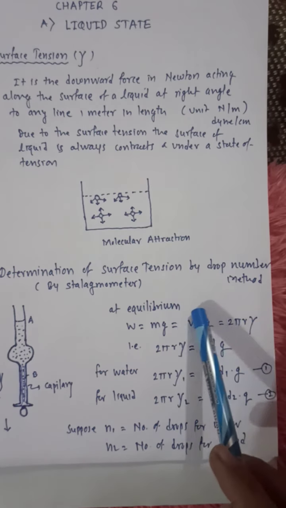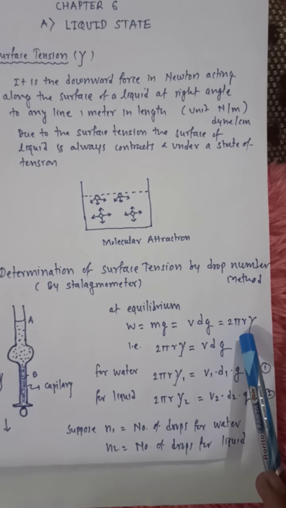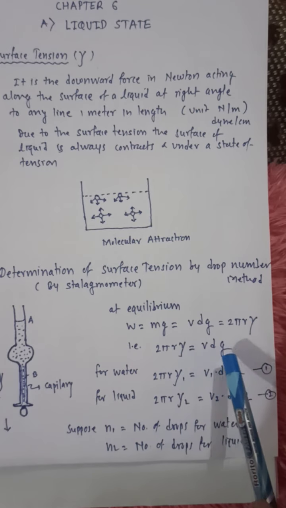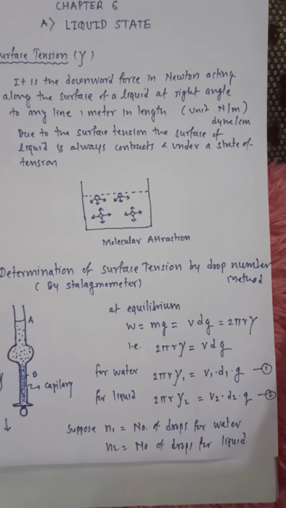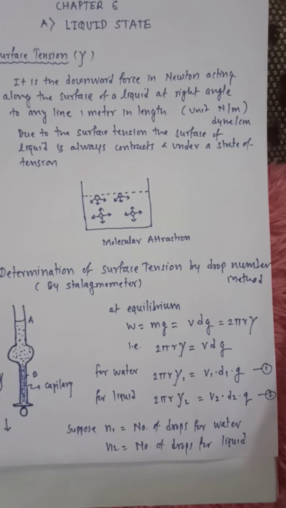So we are interested in this equation: 2 pi r gamma, the term of surface tension, will be equal to V d g. Now if we first take water in the stalagmometer, then the number of drops is counted for water. Let N1 be the number of drops for water and N2 the number of drops for the liquid.